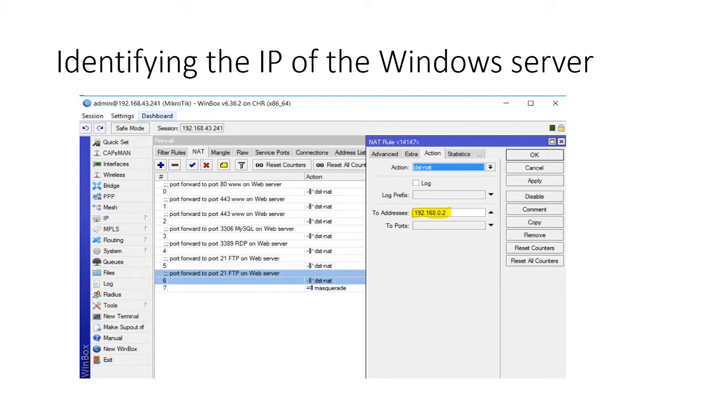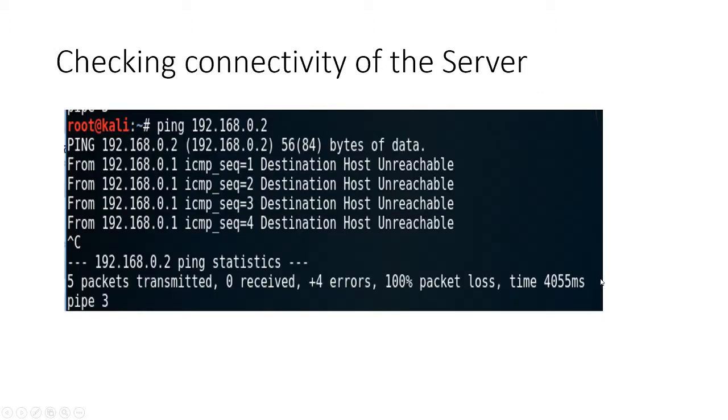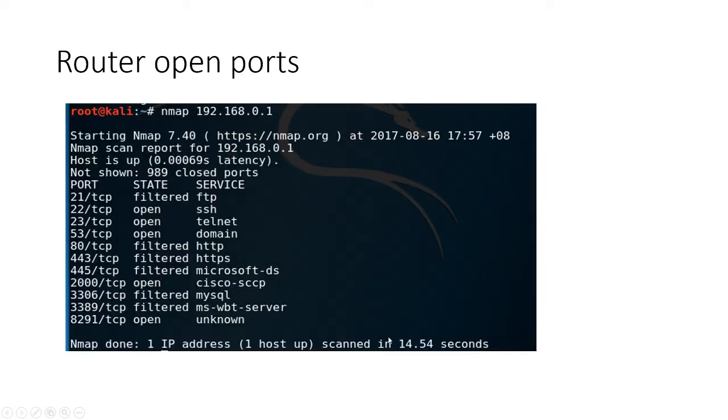So I can do a network scan on the 192.168.0.0 network, but you can also find it on the firewall NAT rules, which is this one here. As you can see here, I tried to ping the server, which is 192.168.0.2, but I failed.